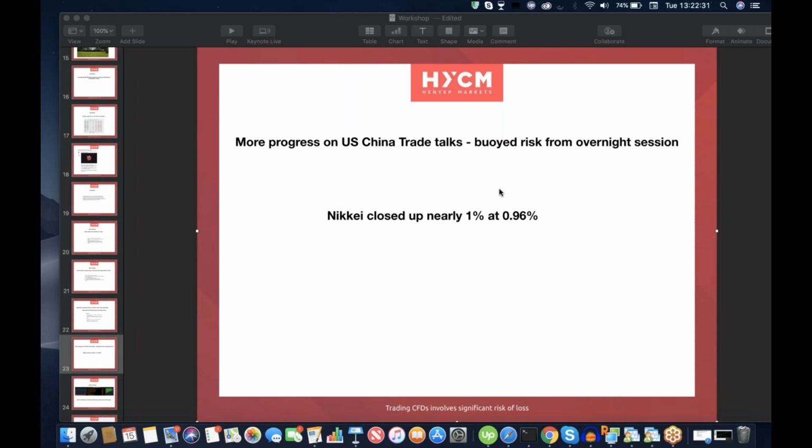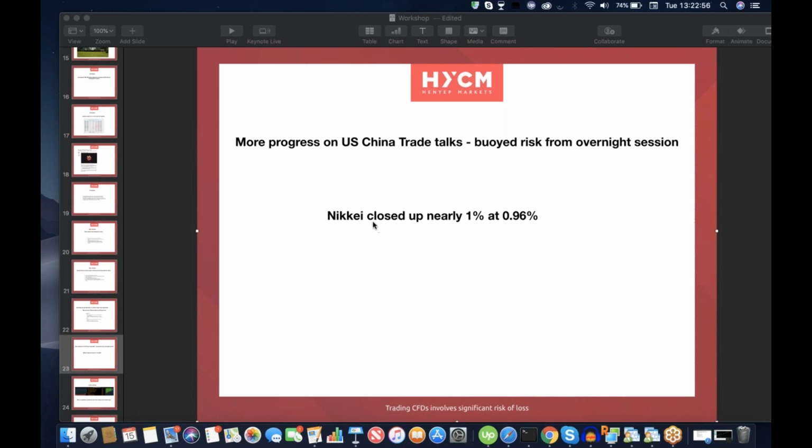If the market's concerned about global growth and the US-China trade war, and those talks are going well, that's going to start bringing some relief in. Also, if China looks like it's going to be responsible and on top of any export and import falling, any shrinking in business, then that is going to be good for growth and risk as well.